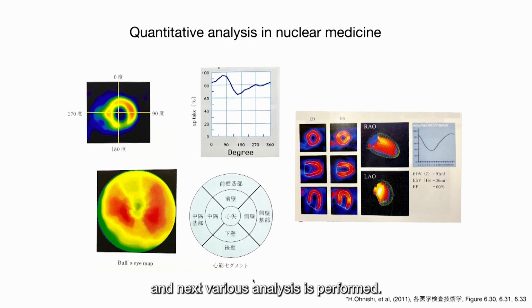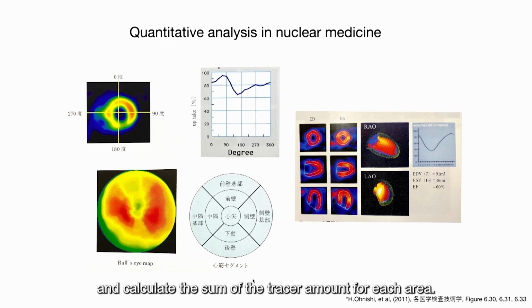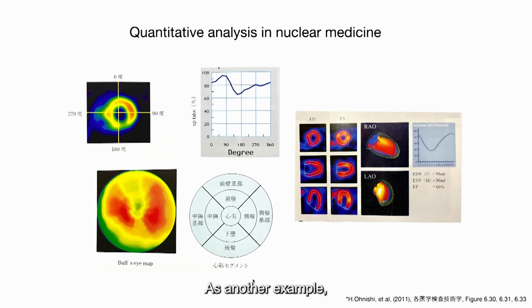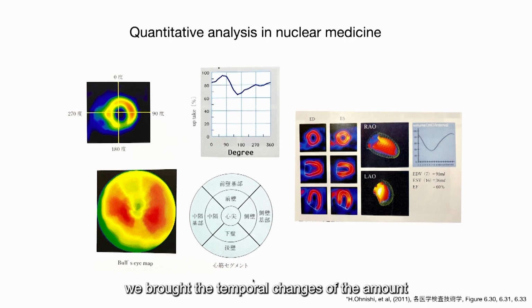And next, various analyses are performed. For example, in the case of heart muscle, we divide the tissue into several areas and calculate the sum of the tracer amount for each area. As another example, we plot the temporal changes of the amount after the tracer administration.